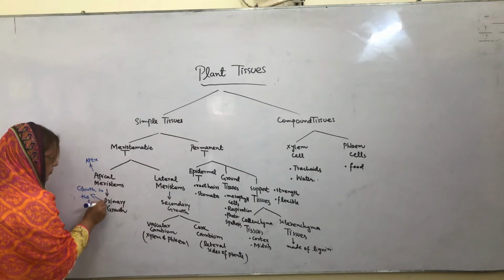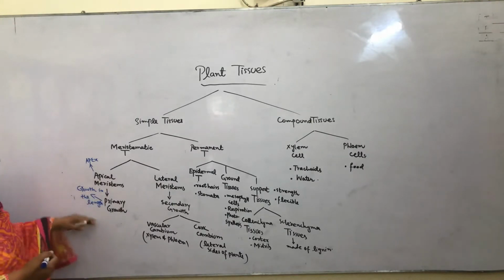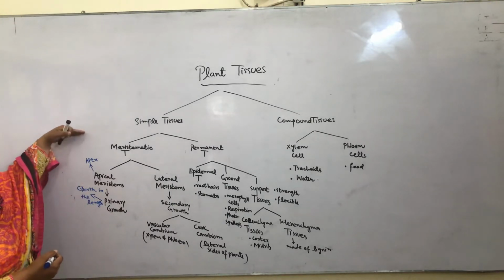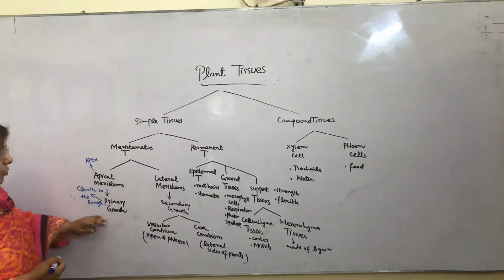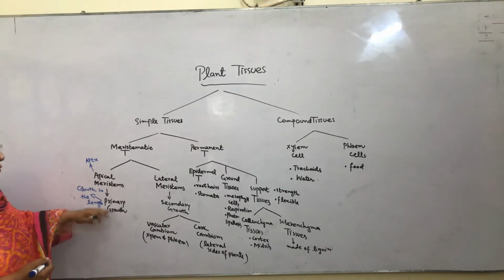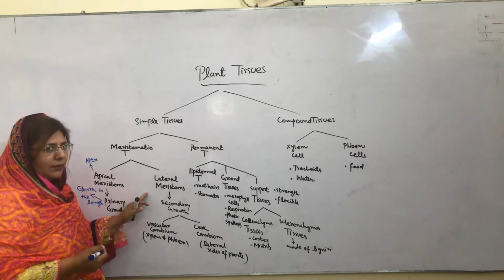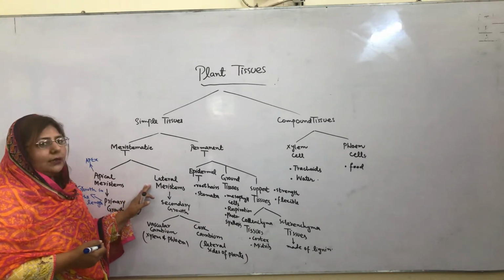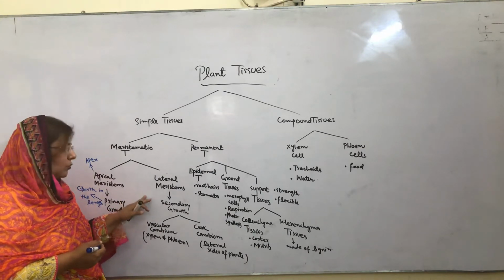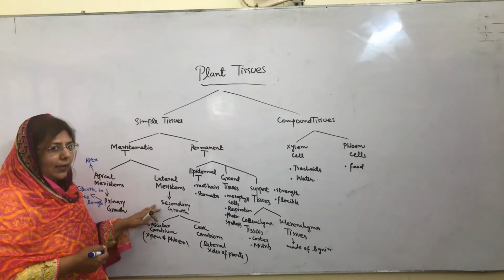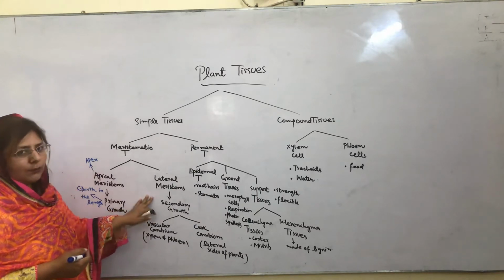So when the part of the plant grows in length, if it increases its size in length, that is called primary growth. On the opposite side, there are lateral meristems. They grow at the lateral parts of the plant, so they also help in growth.